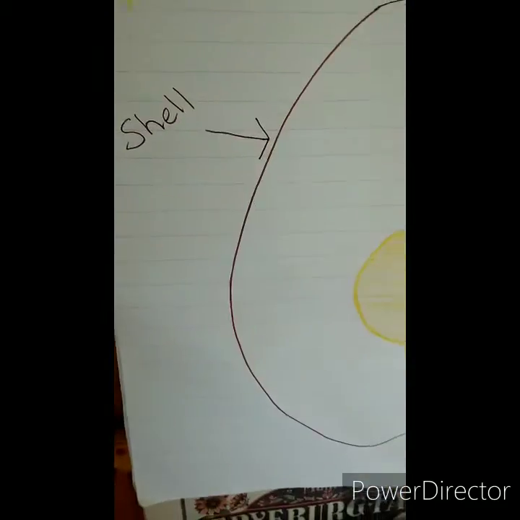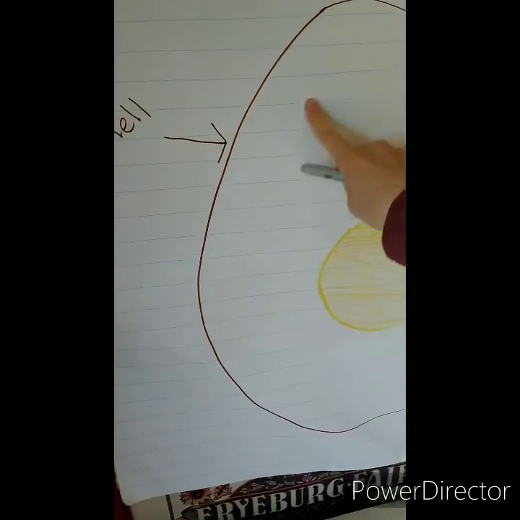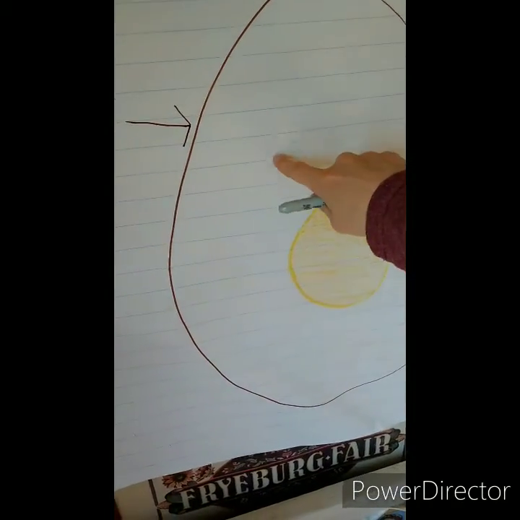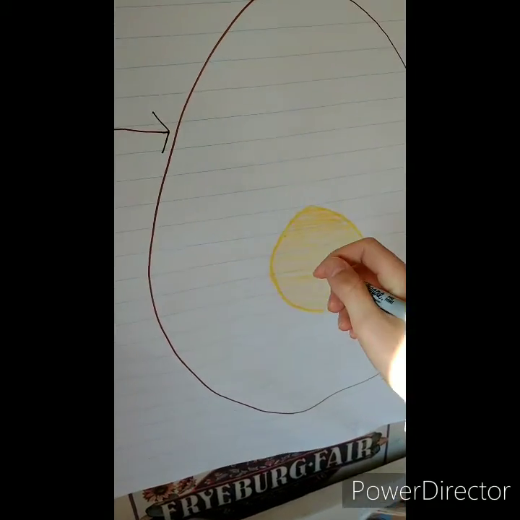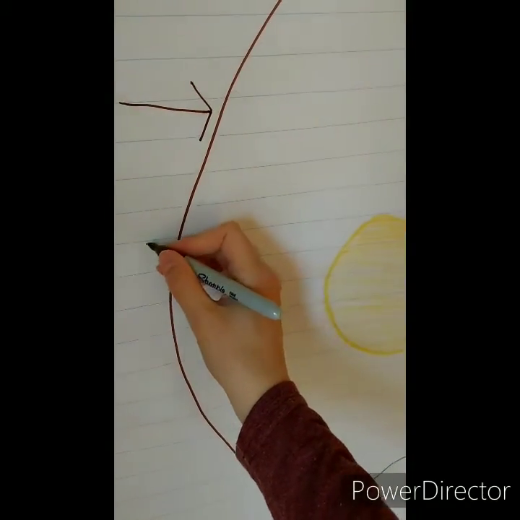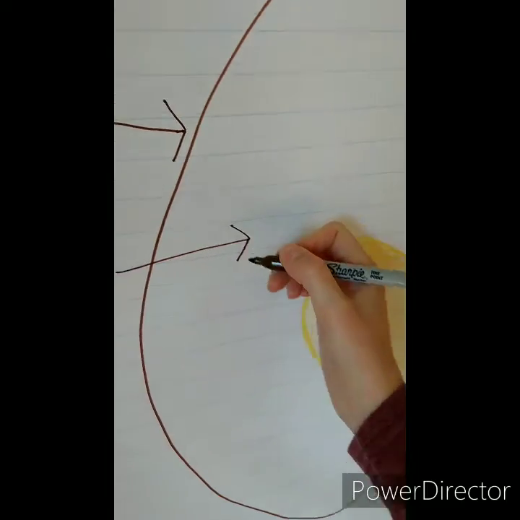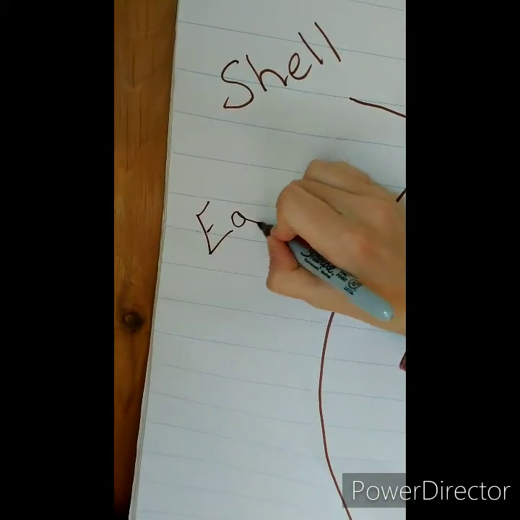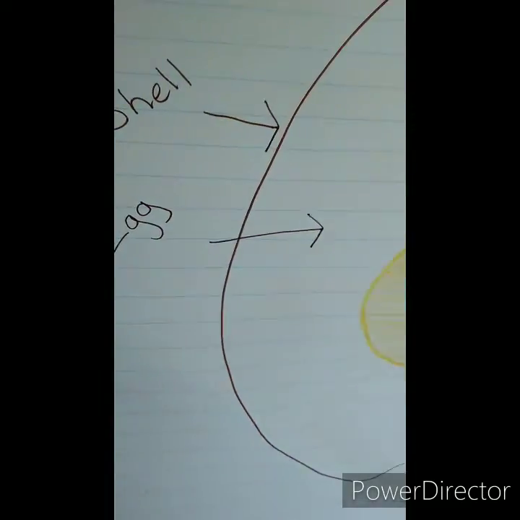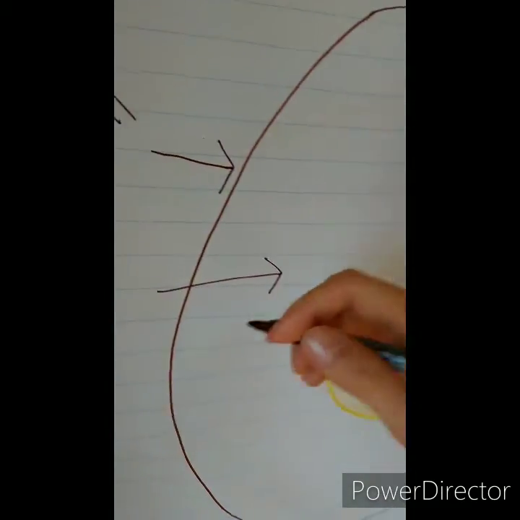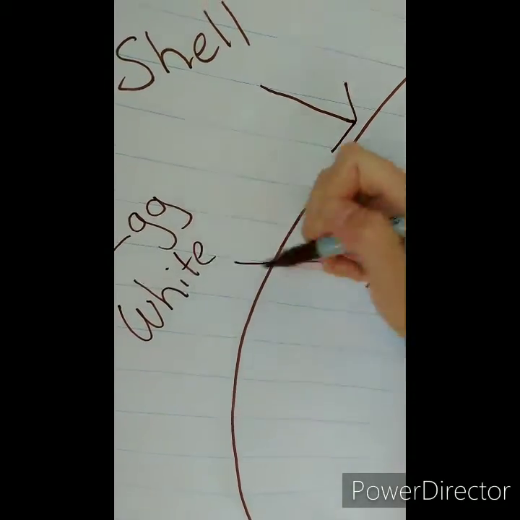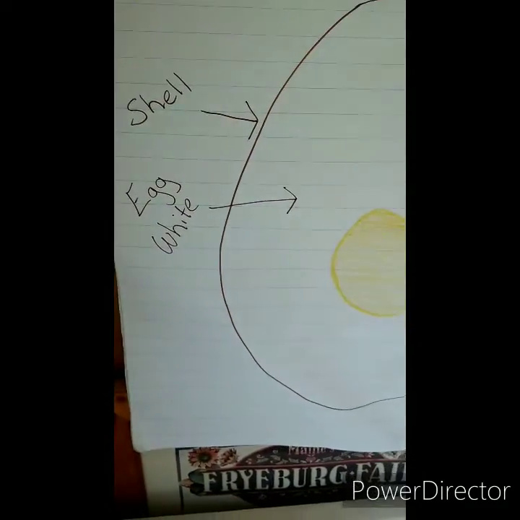And then on the inside, this white part, but when we open an egg up, it's actually clear. That is called, you ready? I'm going to draw an arrow. It's called egg whites. But it's not actually white. It's clear.